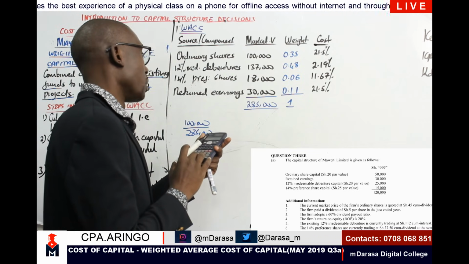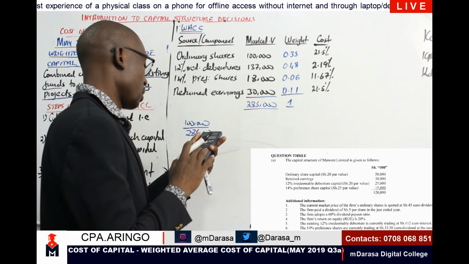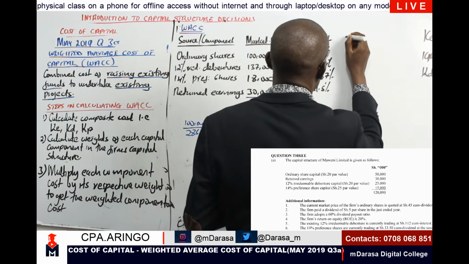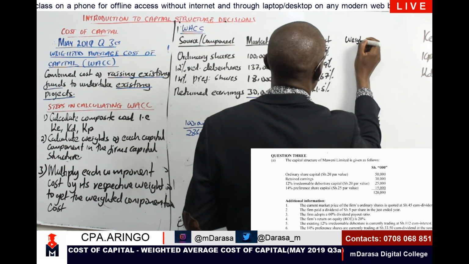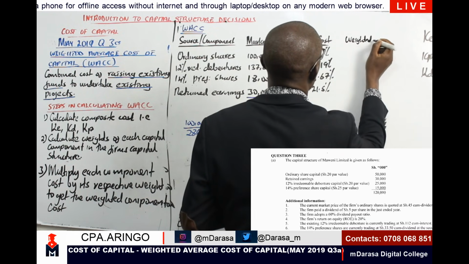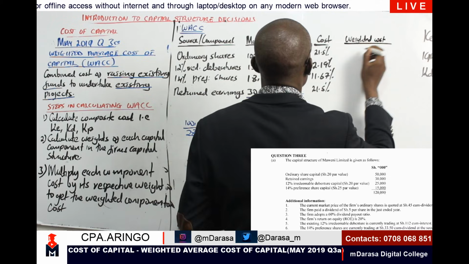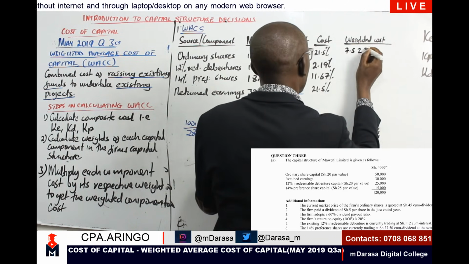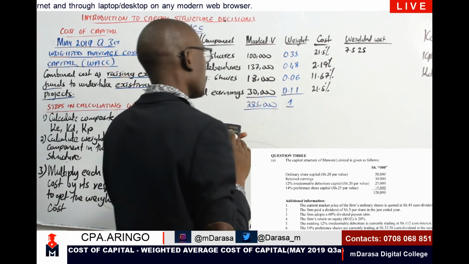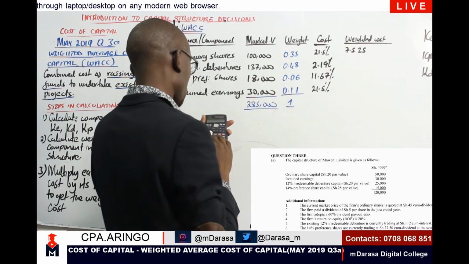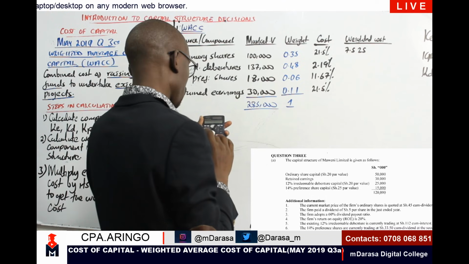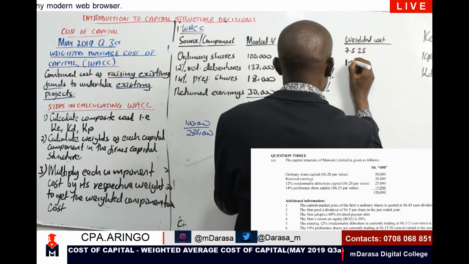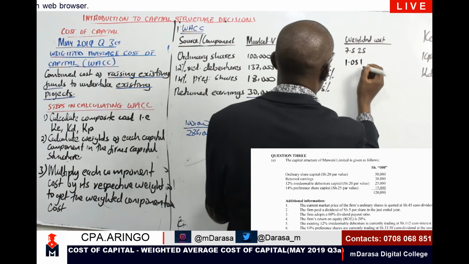21.5 by 0.35 to give me a figure of 7.525. So weighted cost, we should be talking of the first one, 7.525. Then 0.48 by 2.19 to give me a figure of 1.051.